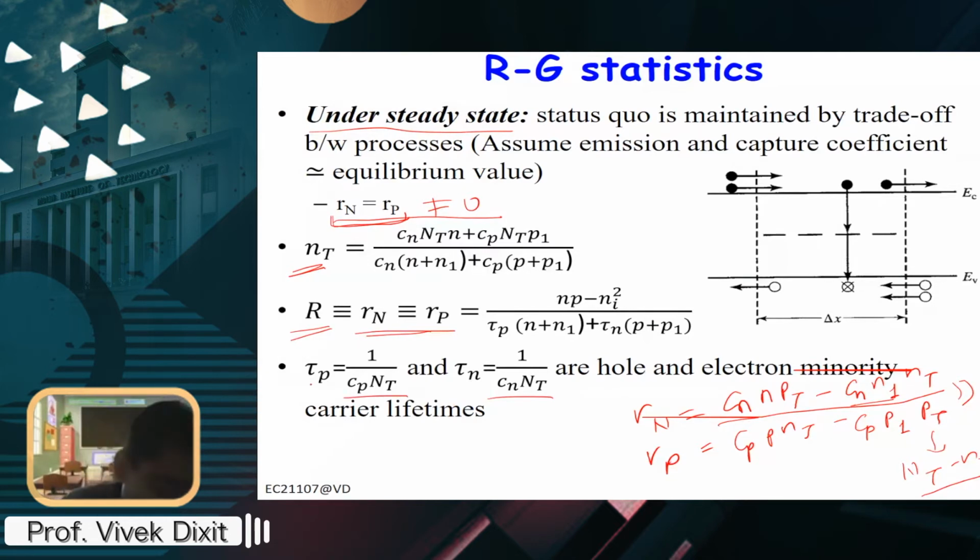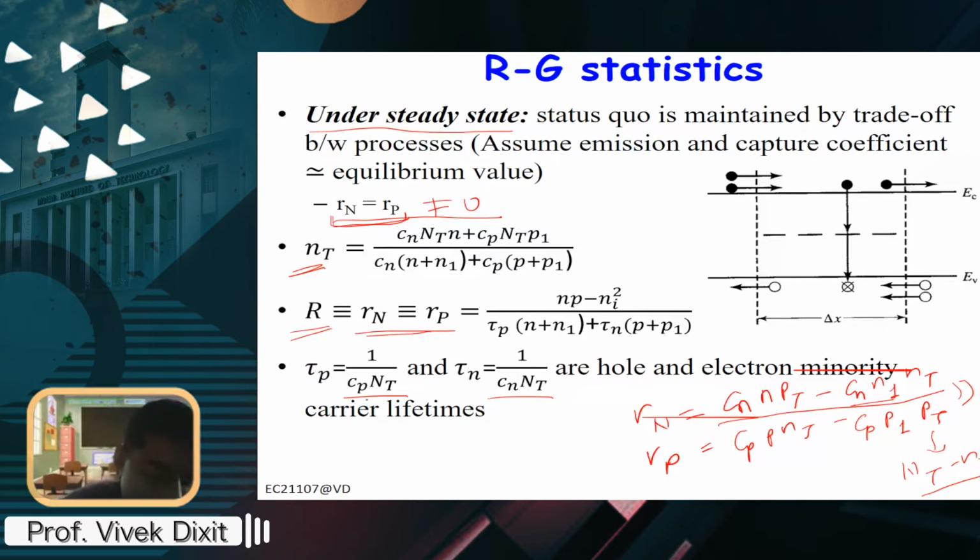So it is basically the whole lifetime is inversely proportional to the capture coefficient times the trap density. So that means if you increase the trap density, then the lifetime of the carrier will reduce. Similarly, if the capture coefficient of the traps is increased, then the carrier lifetime will be decreased.